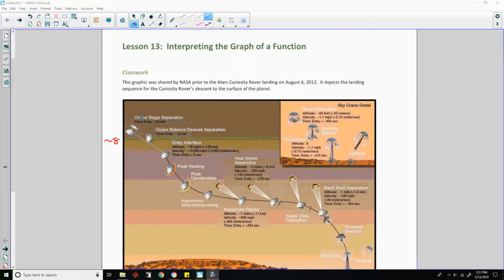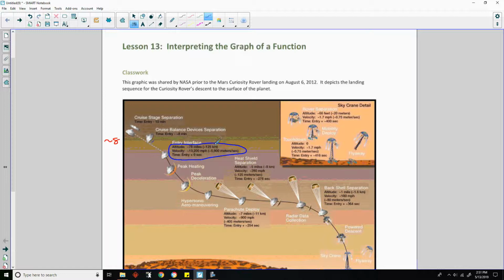Okay, so when we're looking at the information here, it says time entry 10 minutes, time entry 8 minutes, cruise balance devices separation, entry interface. Then this is our first information that gives us an altitude and a velocity. So the altitude is 78 miles, which is approximately 125 kilometers.